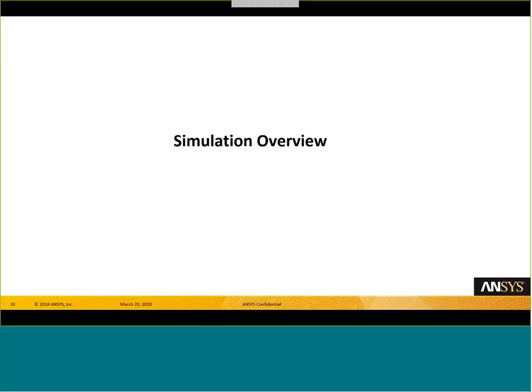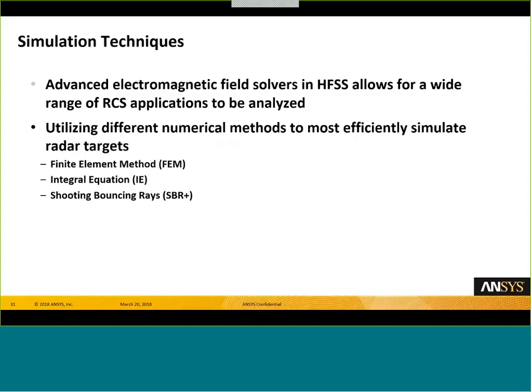So we'd like to move on and spend a little time talking about the solvers themselves. We're not going to go through any mathematical derivations, but we would like to talk about the solvers in the sense of how to use them in applications. HFSS has certainly evolved significantly over the years. What really started as a finite element solver for problems of pretty modest size has grown into a tool of enormous reach, and that's particularly true in the area of radar cross-section targets.